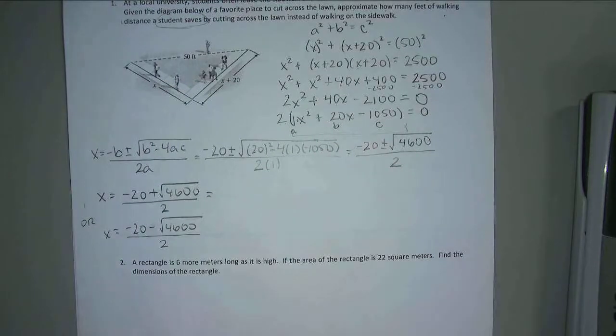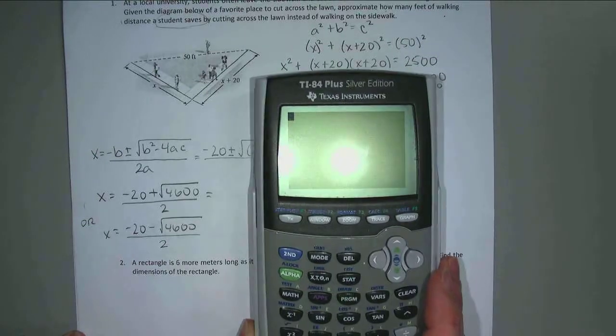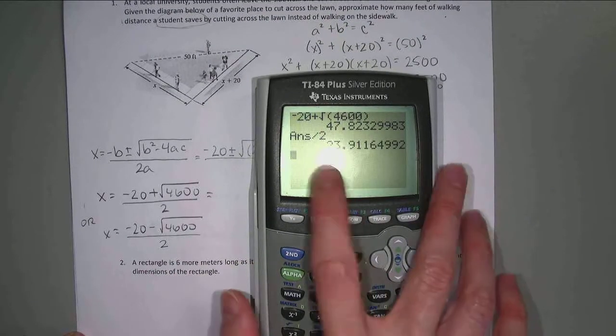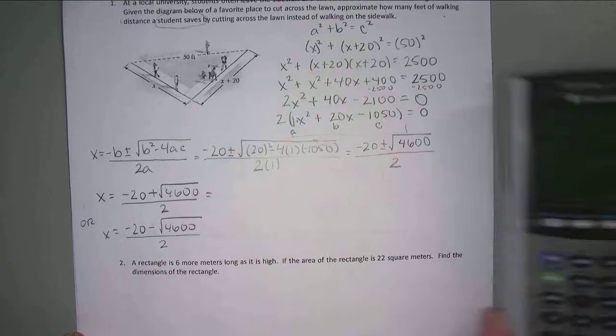So what I'm going to do is in my calculator, I'm going to do negative 20 plus the square root of 4,600, hit enter, get a decimal answer, and divide by 2. So that's 23.91.